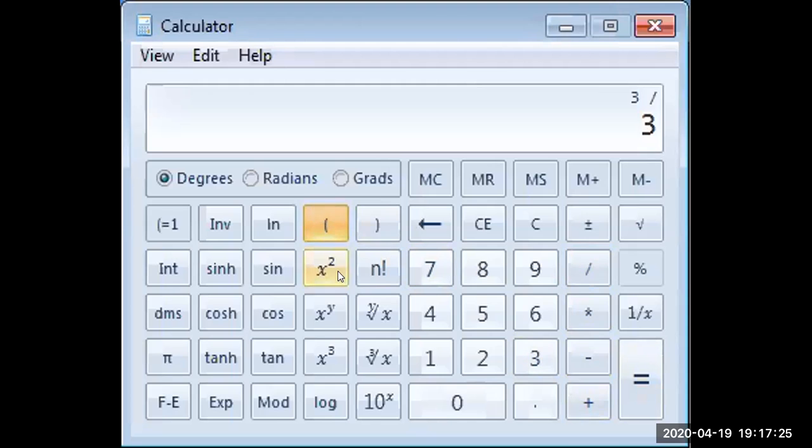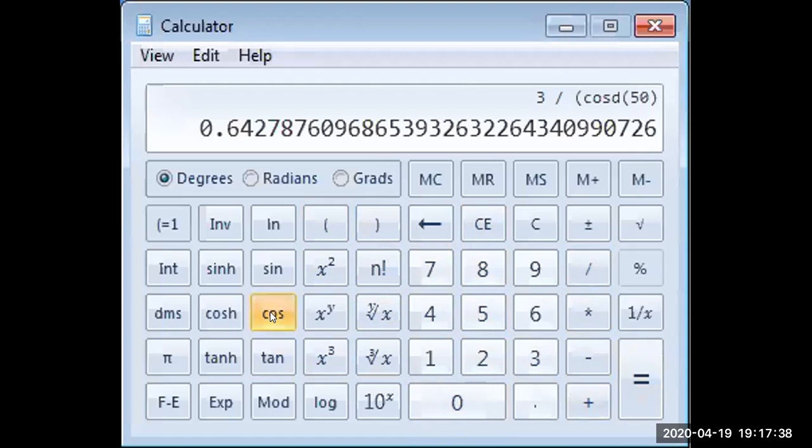So I'm going to do 3 divided by, and then I want to take 50, and I don't want to know what the inverse of cosine is. I want to know cosine itself. So 50 cosine, and then close the bracket. So basically what we're doing is 3 divided by this 0.642, which is going to result in a value of 4.667.